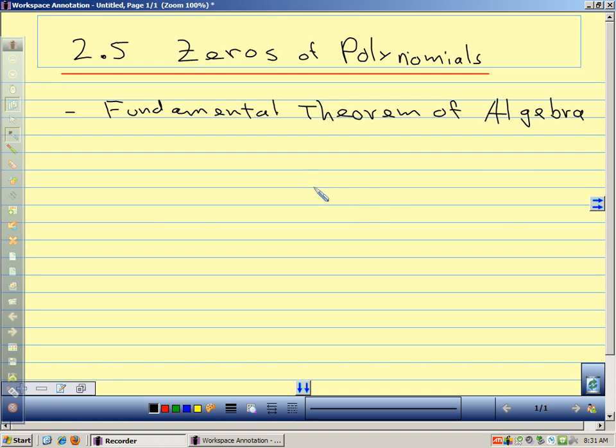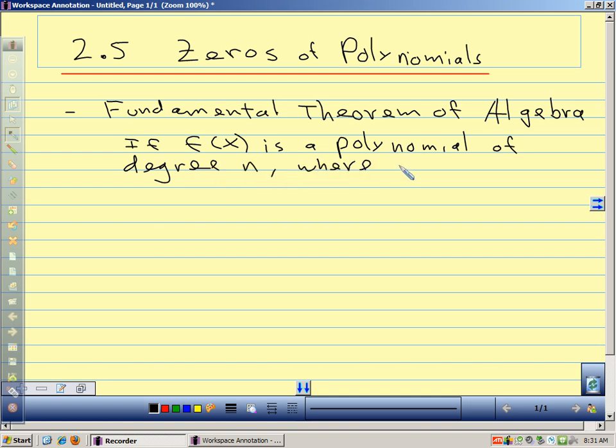So the fundamental theorem of algebra tells us that if f of x is a polynomial of degree n, where n is greater than 0, then f has at least one zero in the complex number system.